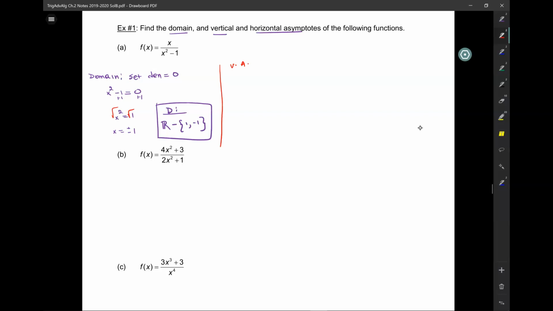For the vertical asymptote, you also have to look at the domain, okay? The numbers that show up in your vertical asymptote column should have shown up first in your domain part. In our domain, we had 2 problem points, 1 and -1.